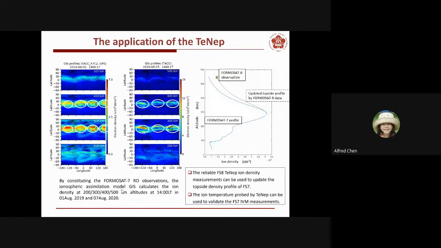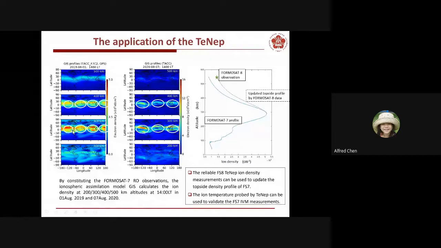The applications of the TNEP, I will give a very brief introduction. By substitution of Formosa 7 radio occultation observations, the ionospheric assessment model calculates the ionospheric density at different heights, at a local time of 14, for 2 days.